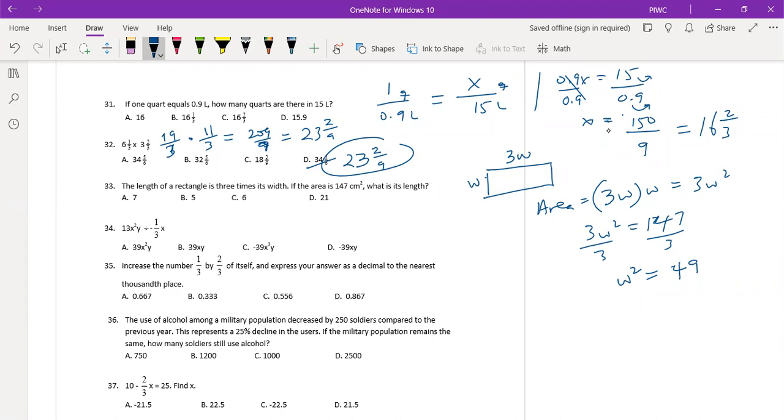I take square roots of the left side and the right side. So we end up with W equal to 7. So the width is 7. My question says find the length. The length is 3 times the width, so 3 times 7 is 21. So the length is 21.